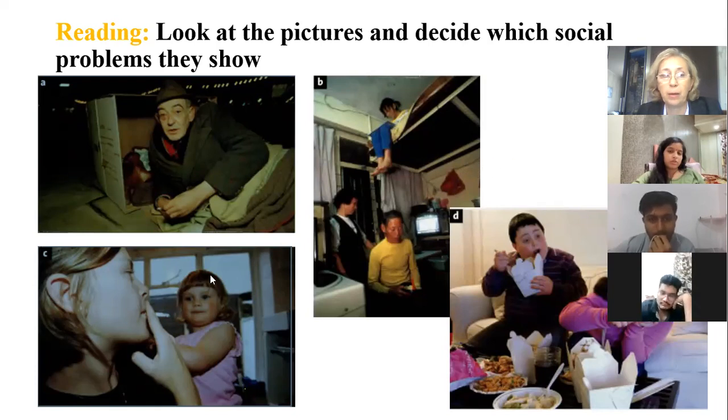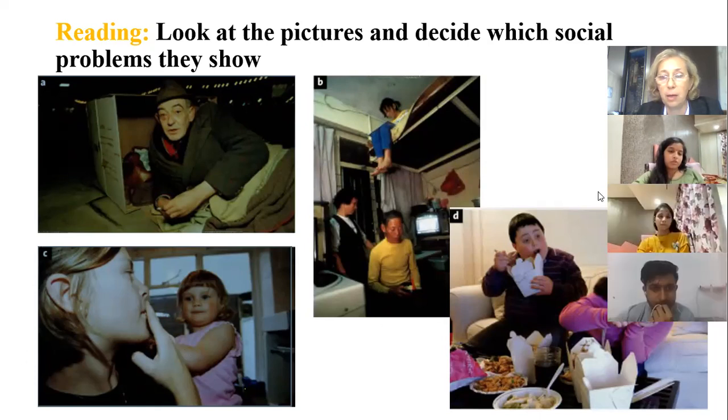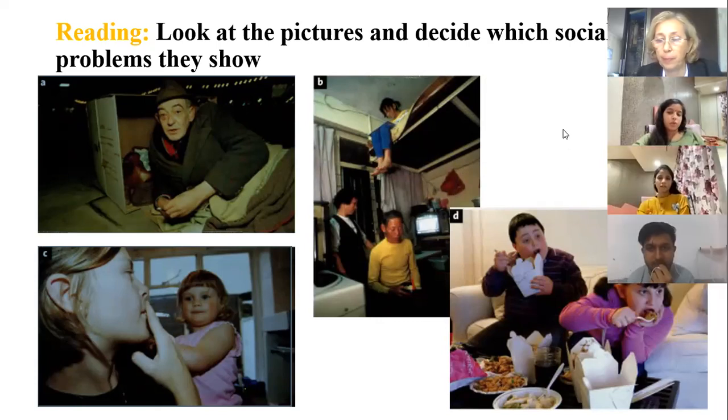Picture C: bad health, a teenager smoking, even in front of children. The last one: overeating, obesity. Junk food.